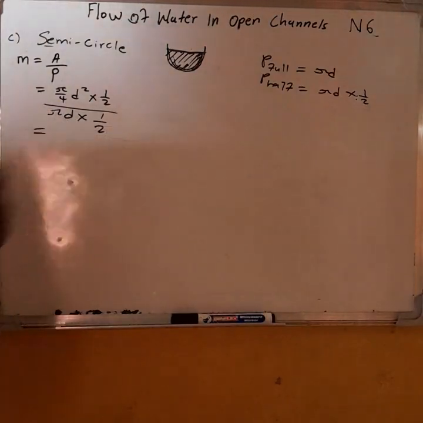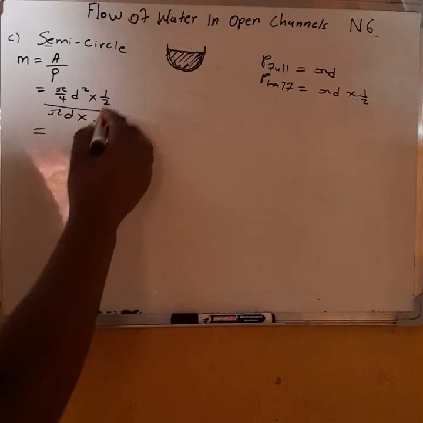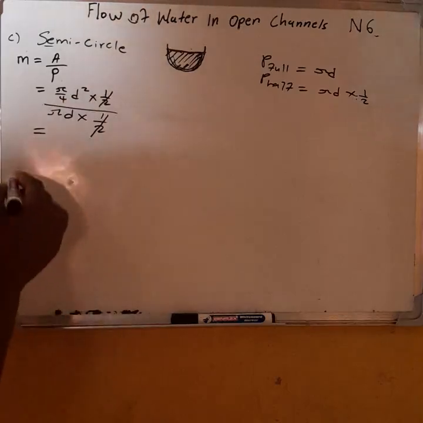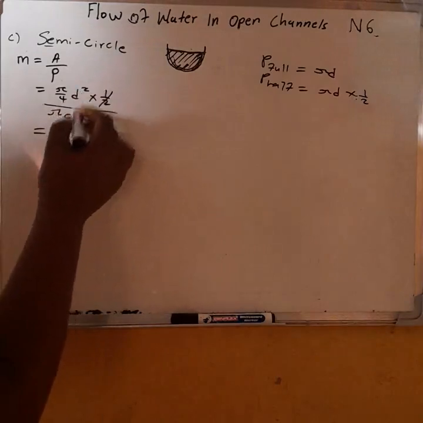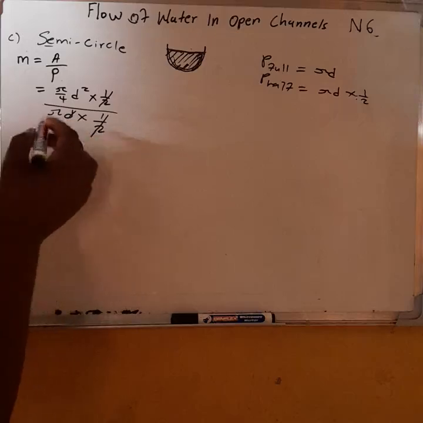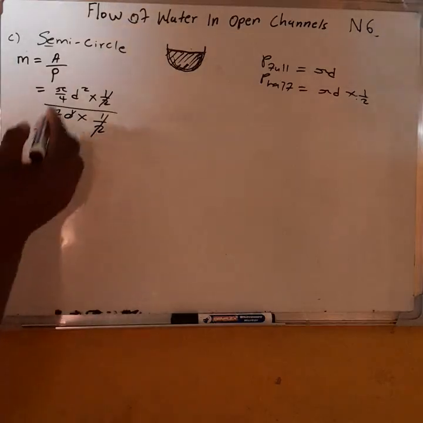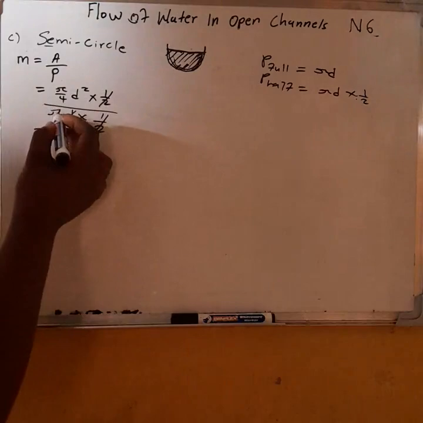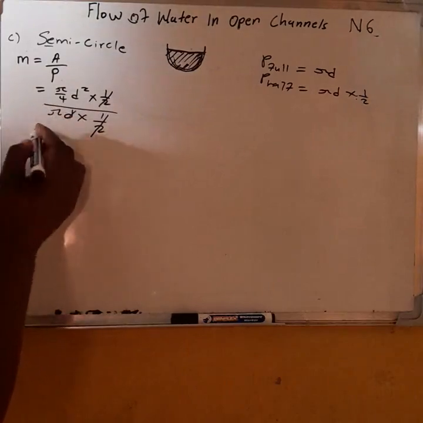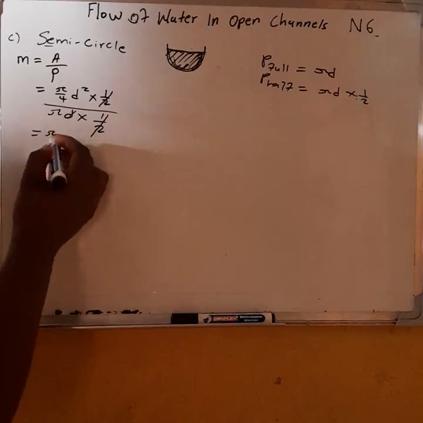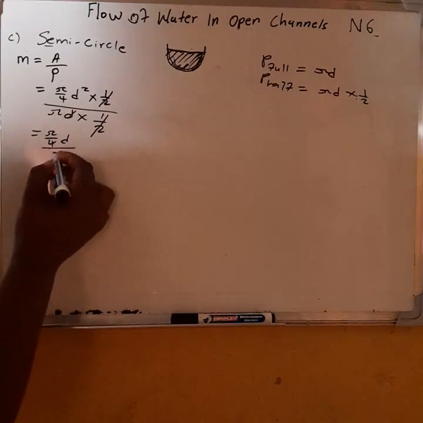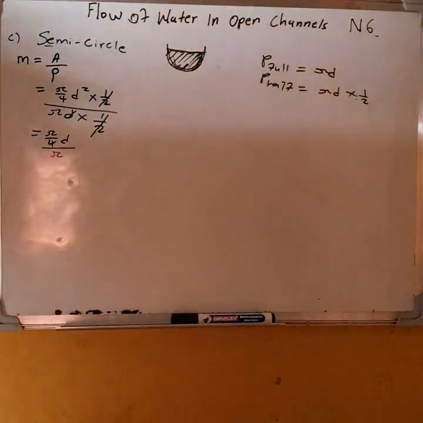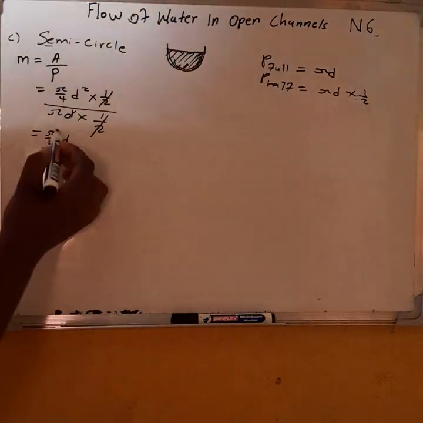Then mathematically, this and this will cancel. Here we have 2 of d, which will cancel with this one. We will be left with pi over 4 d on the top, all over pi, right? Then mathematically, you punch this on your calculator.